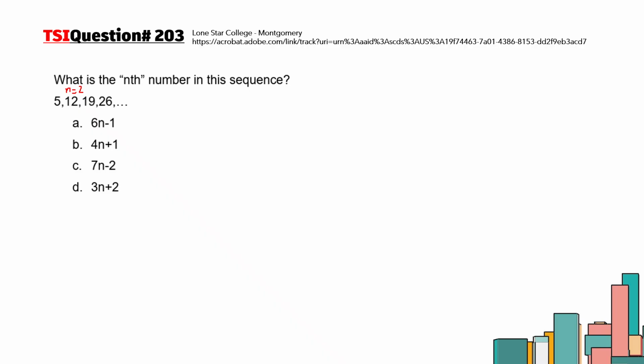The position of number 5 is n equals 1, the first number in the sequence. The third one in the sequence is 19, and the fourth one is 26, and so on, and then they're asking for the nth position.